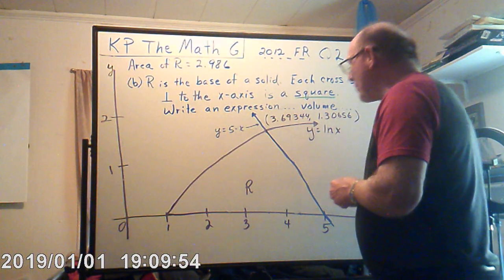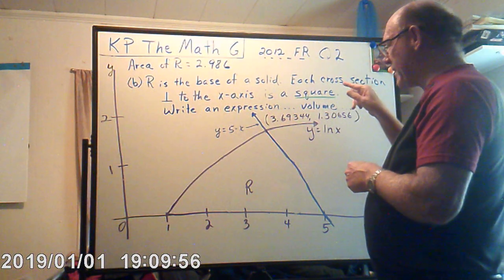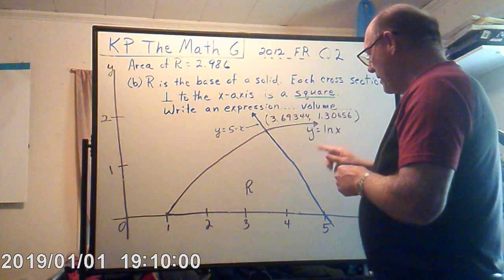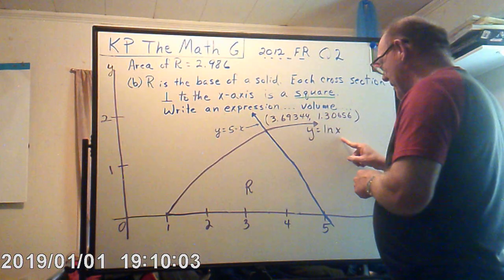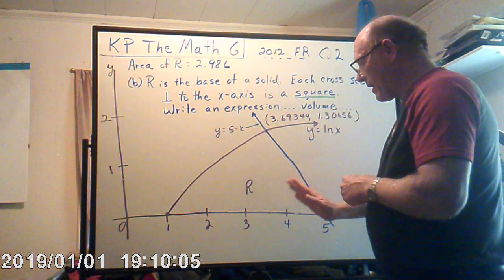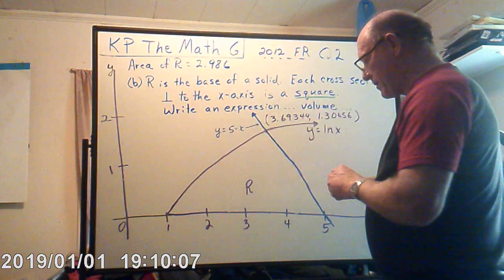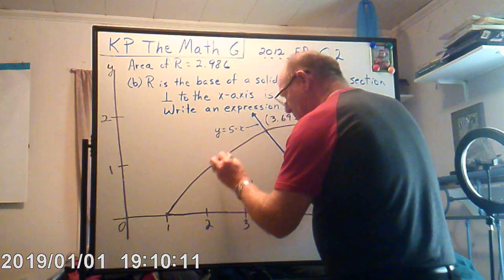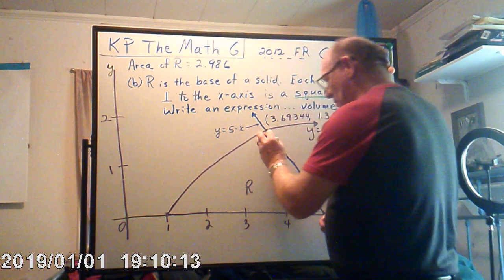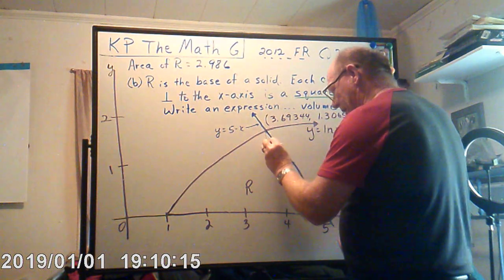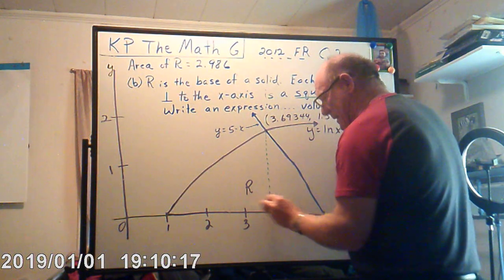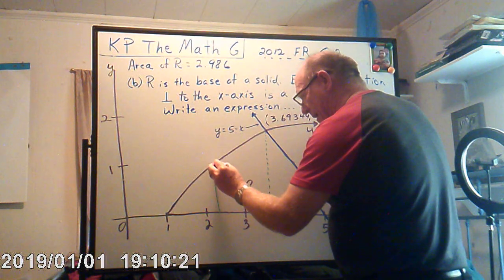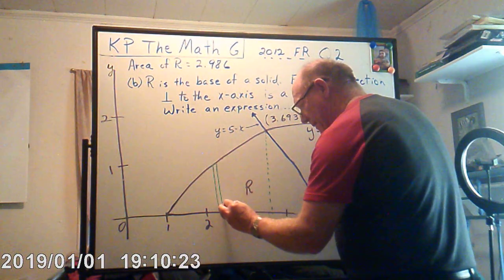Anyway, each cross section is a square. You have two functions, y is equal to ln of x. It is perpendicular to the x-axis, so this part right here in purple, up to this point, we'll just do a partition here.